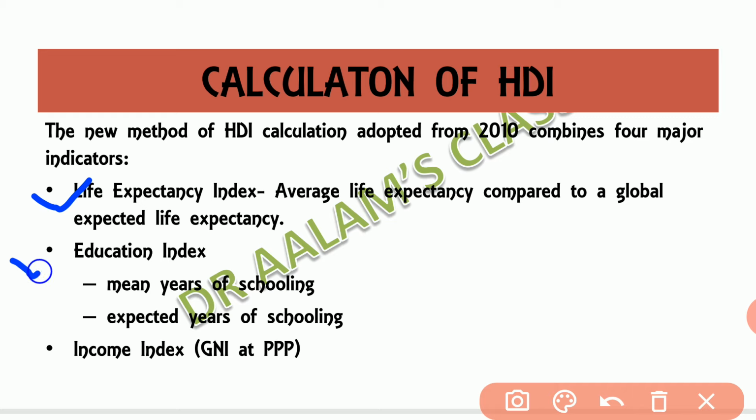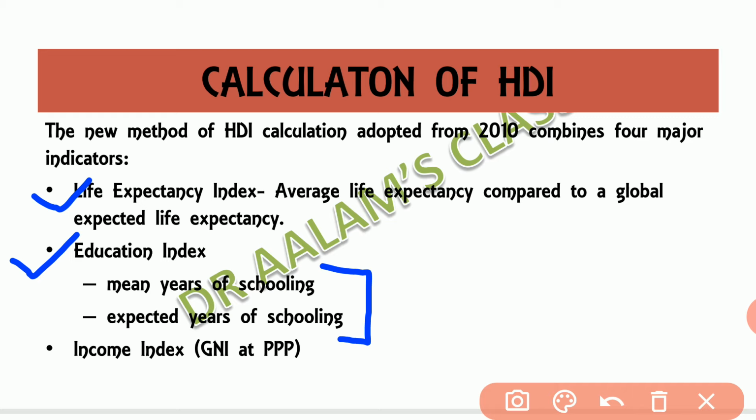The second index is education index. This education index combines two parts. One is mean years of schooling, and the second is expected years of schooling. These two indices are combined by using geometric mean to arrive at education index.